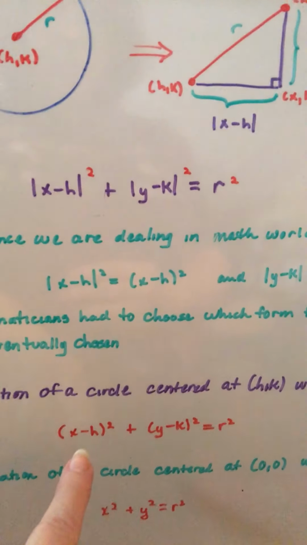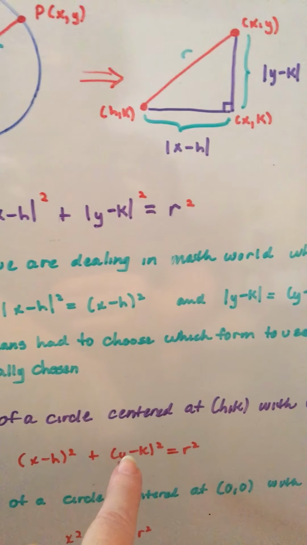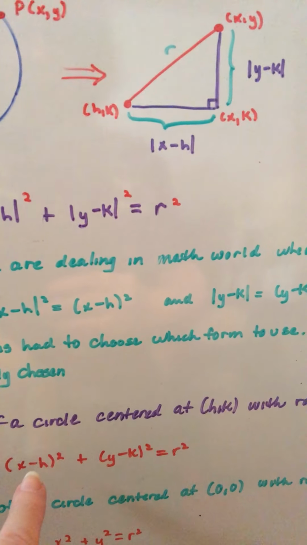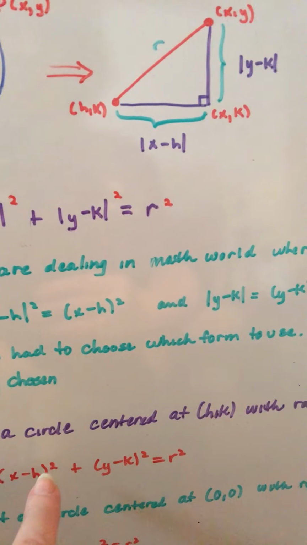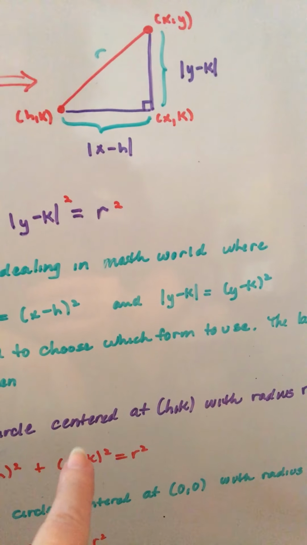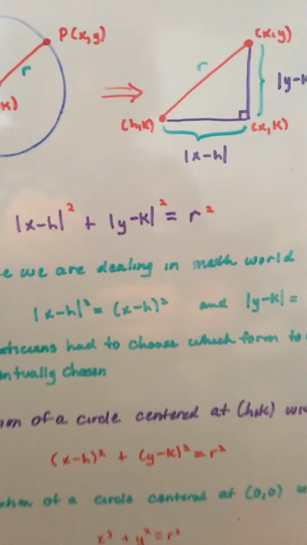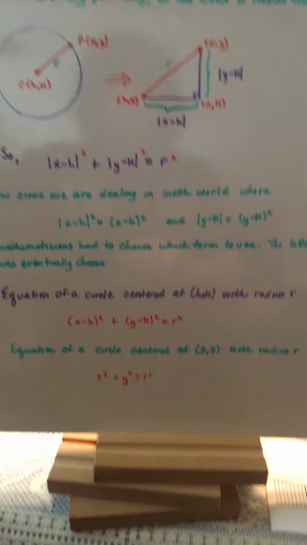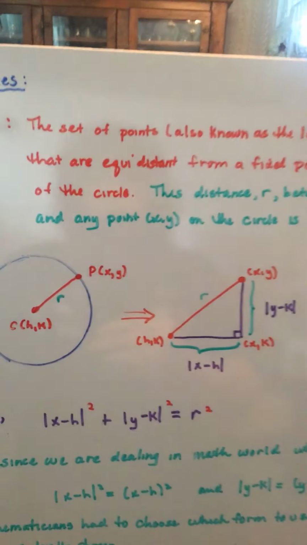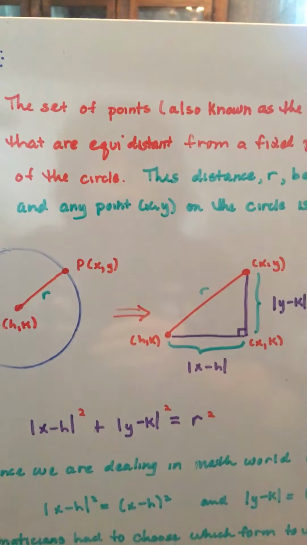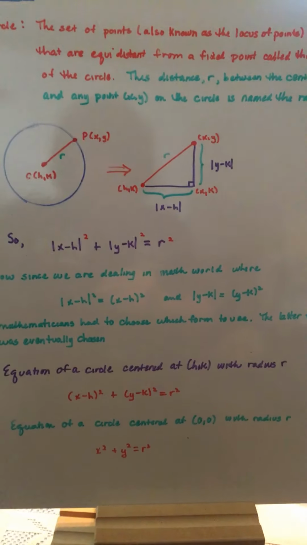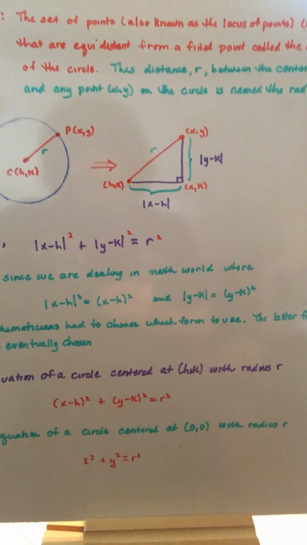But please notice this is still a length. Even if this is -2, it really means 2, and even if this is -8, it really means 8, because it is the Pythagorean theorem. It comes from geometry, it comes from the real world, and there's no such thing as a negative length.